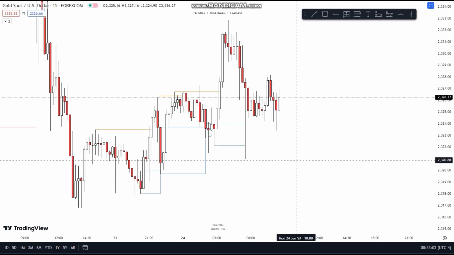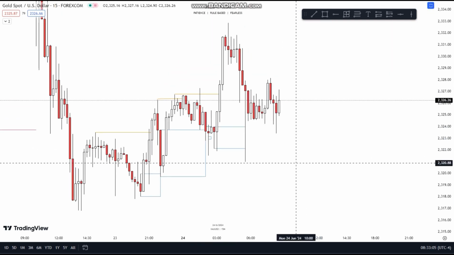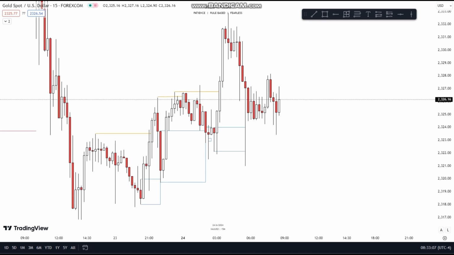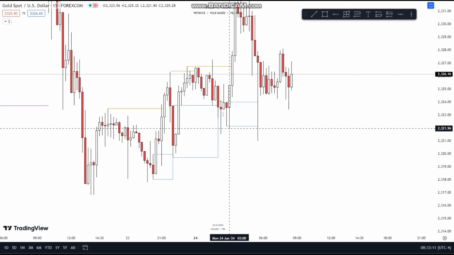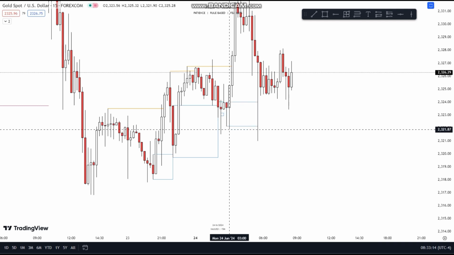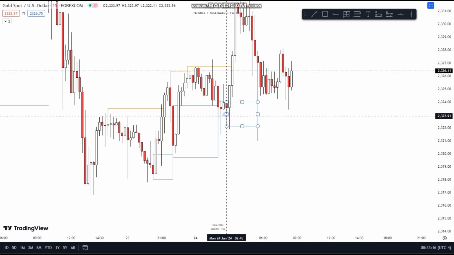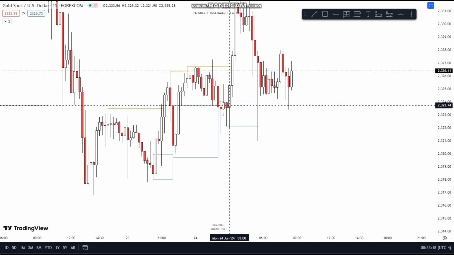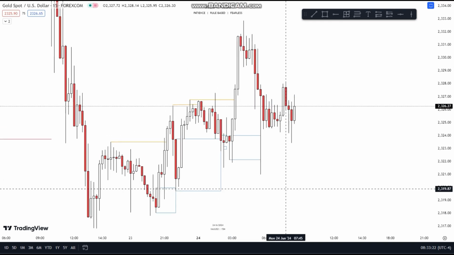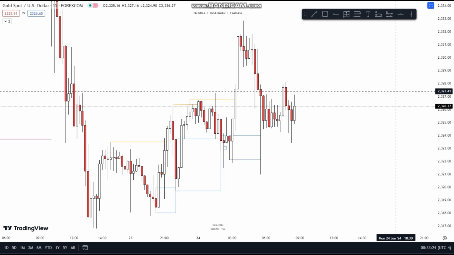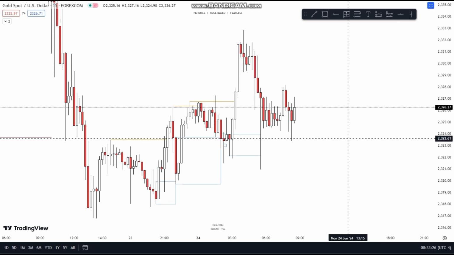So this is how to mark and trade supply and demand like a pro trader. If you want, you can include the base, but I prefer marking only the candle, the last sell before that buy. So let's move to an example of supply.